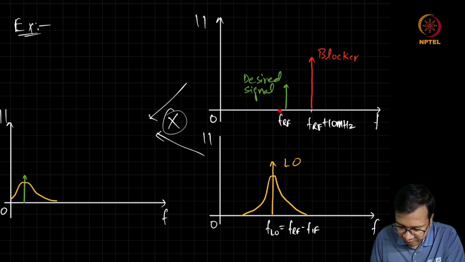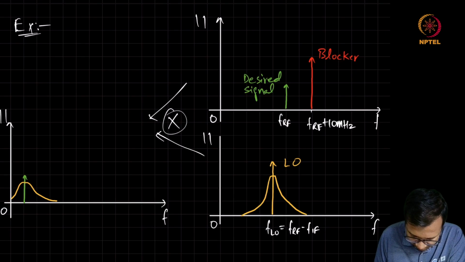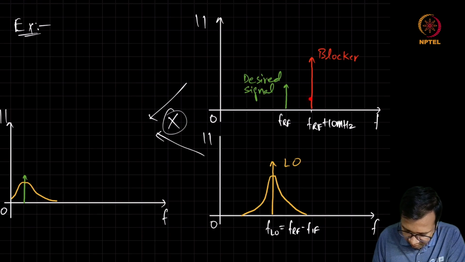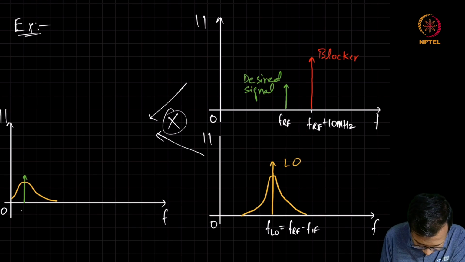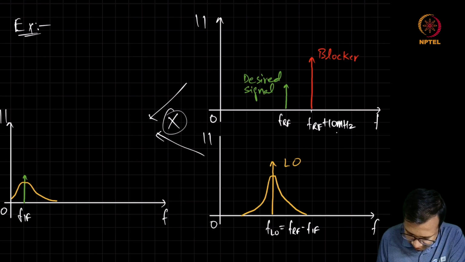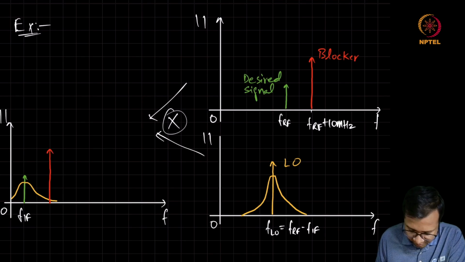In addition to this desired signal, this blocker is also going to multiply with this LO signal, but its down converted component will appear at a frequency different than the FIF. Since there is a 10 megahertz offset, the blocker is going to appear at 10 megahertz offset after mixing.